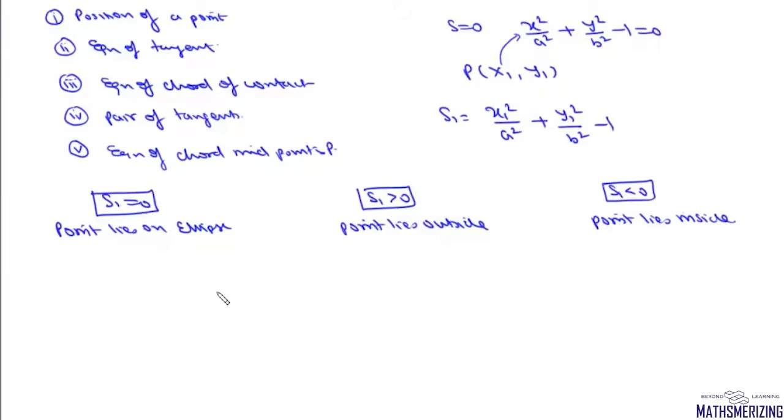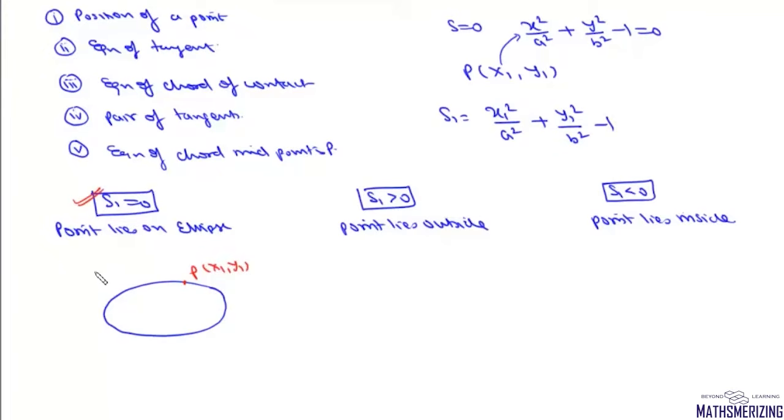So in the first case, we have this ellipse, and now this point P, it lies on the ellipse. So in which case, value of S1 is simply 0.